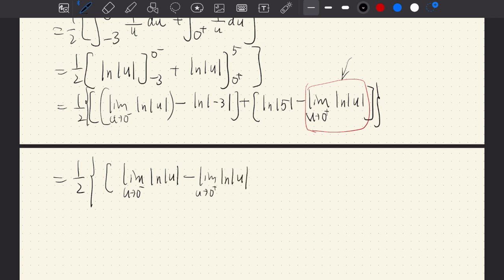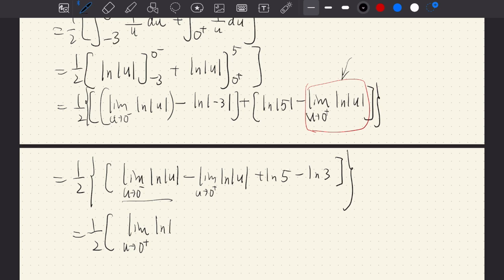And for the rest of the two terms, it is plus log 5 minus log 3. So this is 1/2 times the limit when u goes to 0 from the negative side, and you have the absolute value of u, and basically this is equal to the limit as u goes to 0 from the positive side of log u.